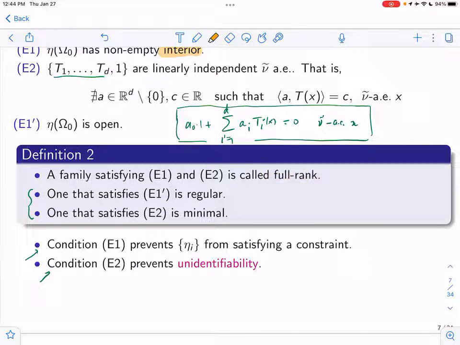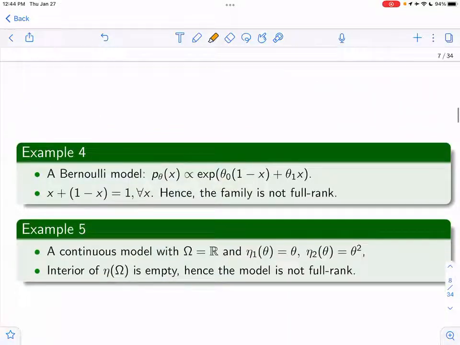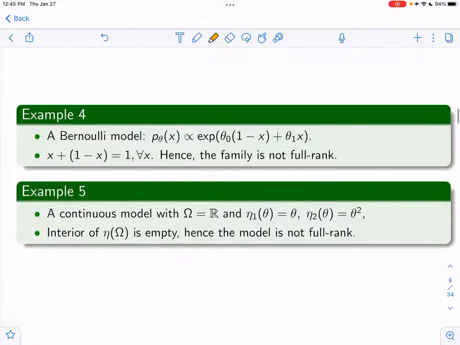I mentioned that this second condition is related to identifiability. So here's an example where it fails. You can model the Bernoulli family as a 2-parameter exponential family with a sufficient statistic that has two coordinates, x and 1 minus x.